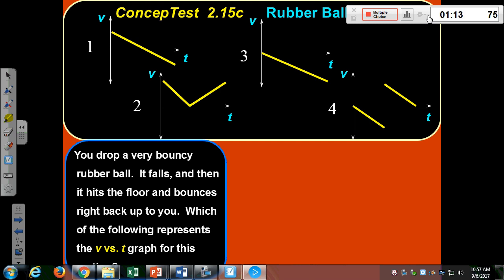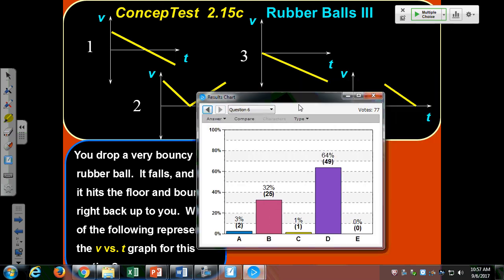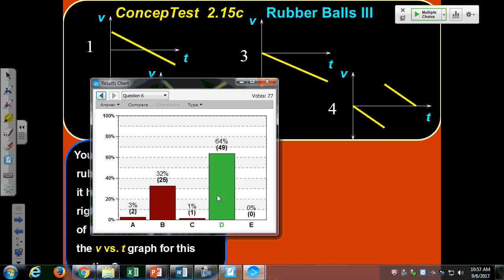Okay, good. A lot of you have made a good choice in moving away from the wrong answer path. Okay, let's stop at 125. Okay, so D is the right answer.